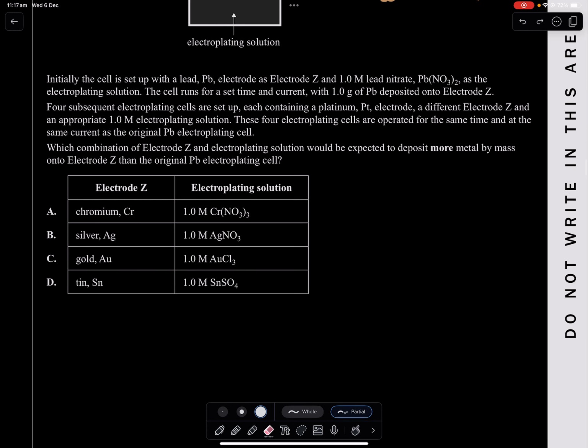So it says chromium. So what's chromium? It's going to be Cr3+. If we have chromium, we need to add 3 electrons, and that's going to give us Cr solid.